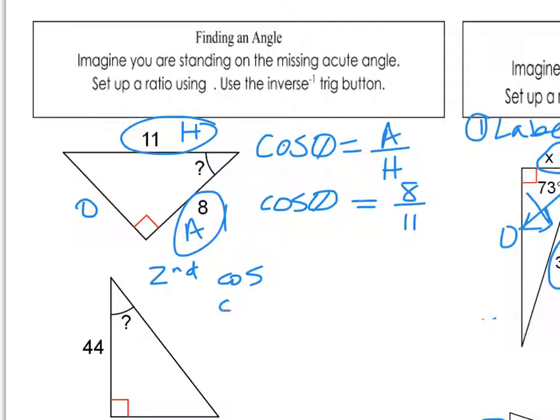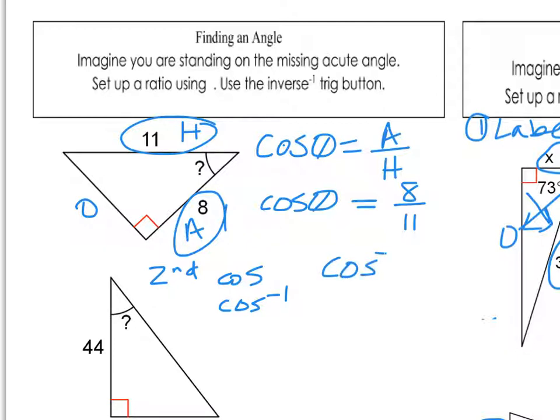On your calculator, it has cosine and it looks like a little -1. Okay, so I'm going to press second cosine and then type in this ratio of 8 over 11. So on your calculator, it should look like this at this step.